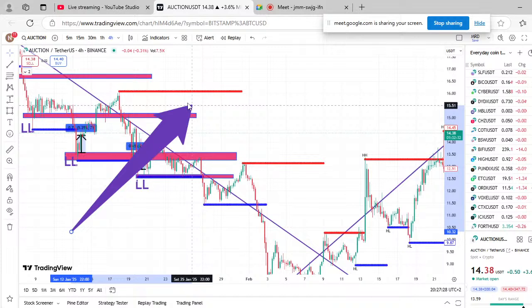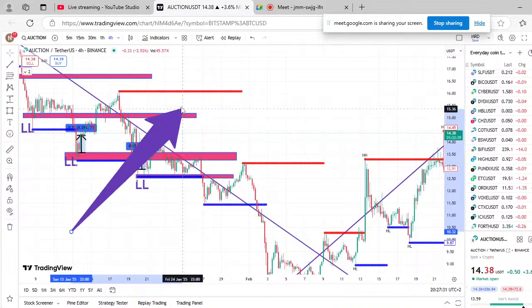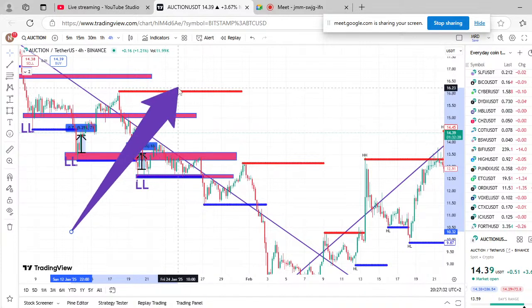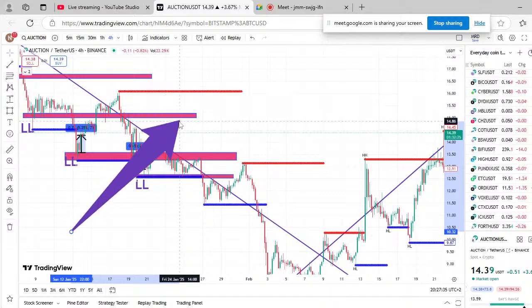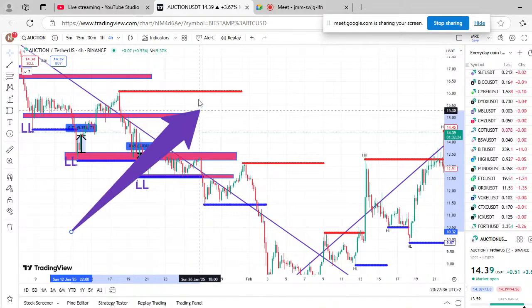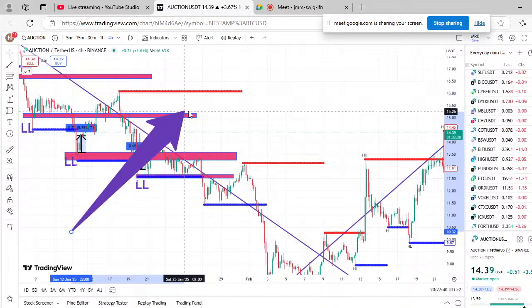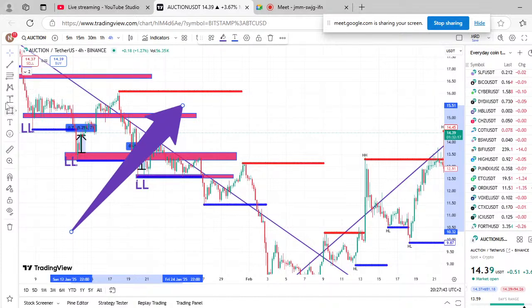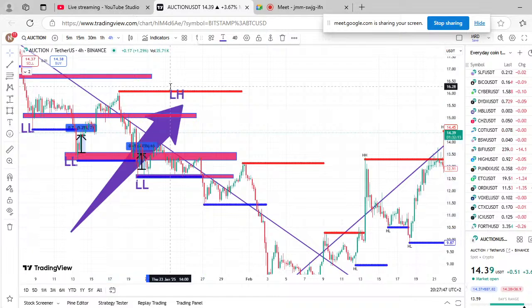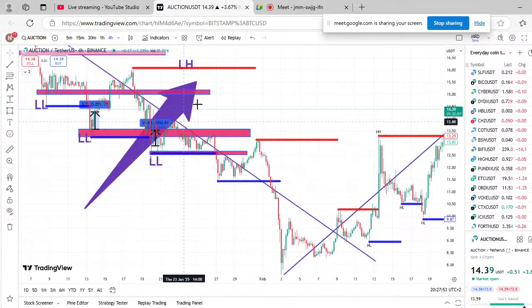If we break this, we are testing this one. If we break this line, automatically we are heading here. And the indicator is showing you that this is our lower high. Lower high, it is here. That is our lower high.